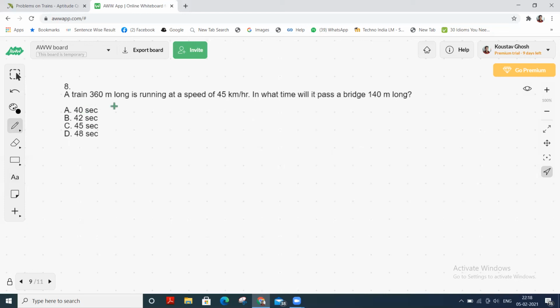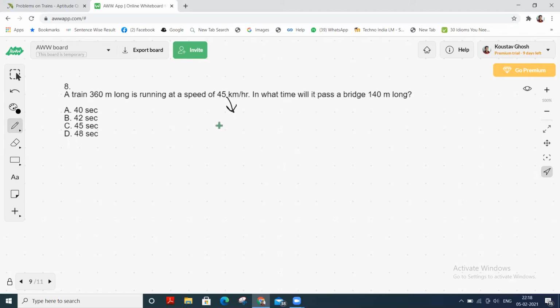A train 360 meters long is running at a speed of 45 km per hour. In what time will it pass a bridge of 140 meters? So the speed is 45 km per hour, which means 45 into 5 by 18 meters per second.